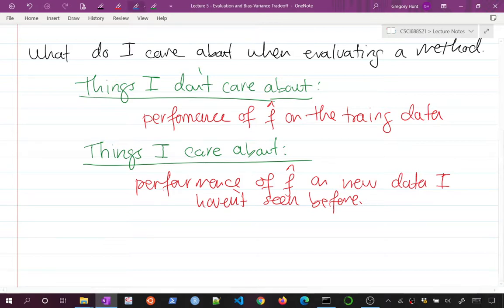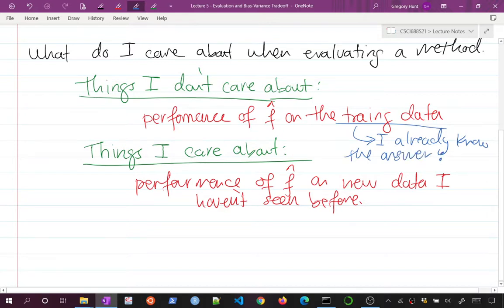I don't actually care, in some grand sense, about how good my f hat is on the training data. Why? I already know the answer on my training data. What is the answer? The answer is the yn's.